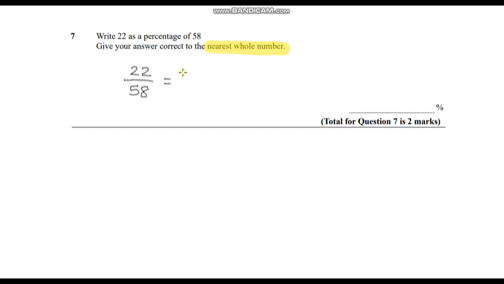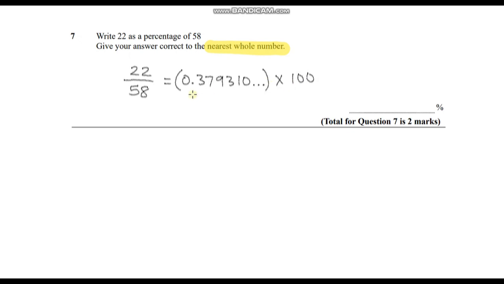So as a decimal, that gives us 0.379310... because that number keeps going on and on and on. Now to convert that to a percentage, we just need to multiply that by 100.